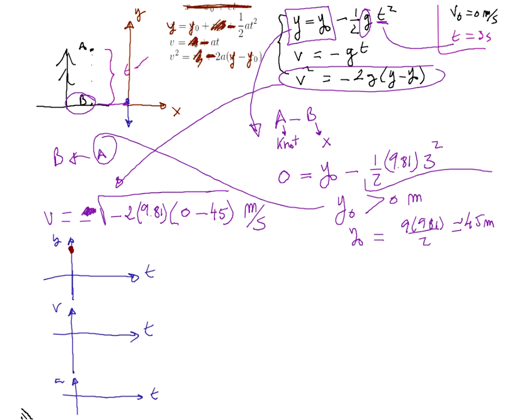Think calculus. V is dy dt. Therefore, v, the velocity, is the first derivative of position with respect to time, which means that graphically, the velocity is a slope. So what is the velocity at t equal to 0?